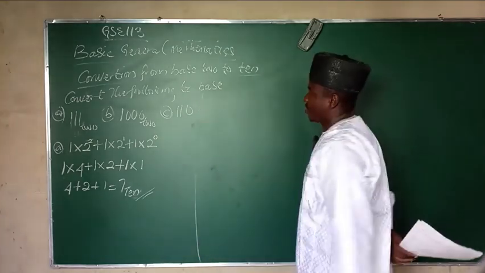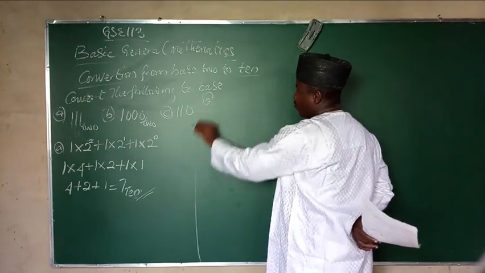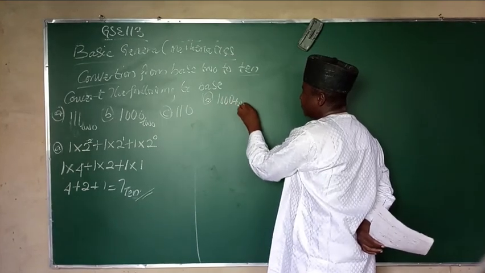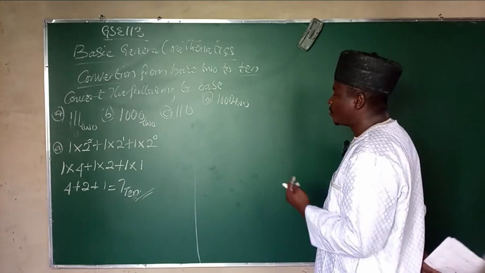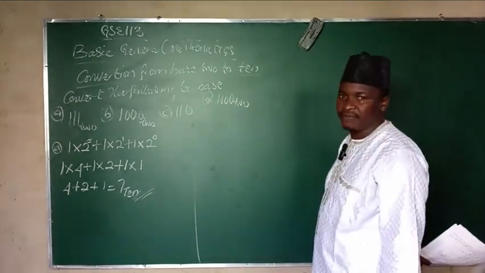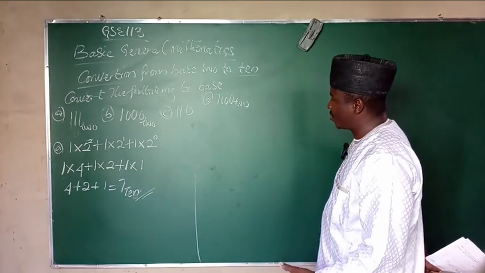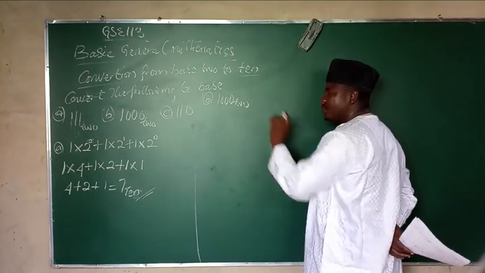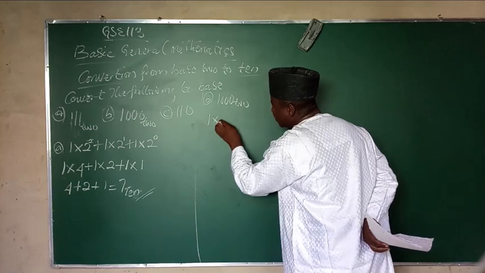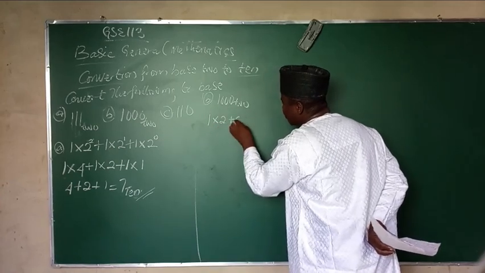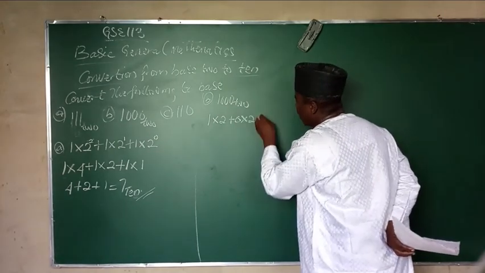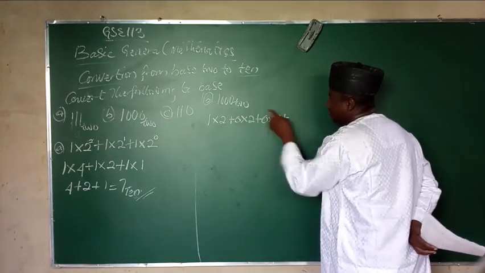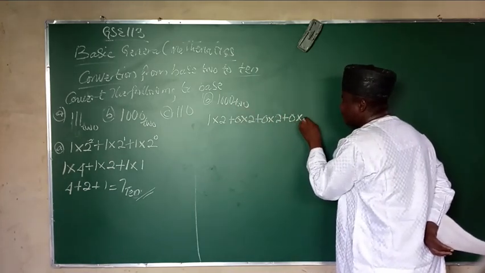So going to the second one, that's question 1B, we have 1000 base 2. We are going to follow the same process that we have followed in the first one. What are we going to do first? We take each term and multiply by the given base. The given base is 2. Therefore, we say 1 times 2 plus 0 times 2 plus the second 0, 0 times 2 plus the last one, 0 times 2.